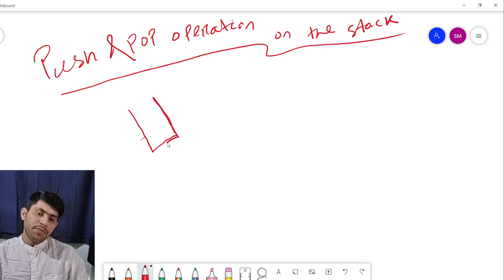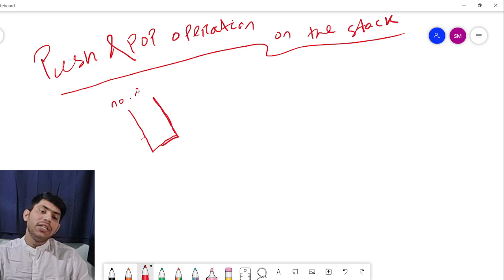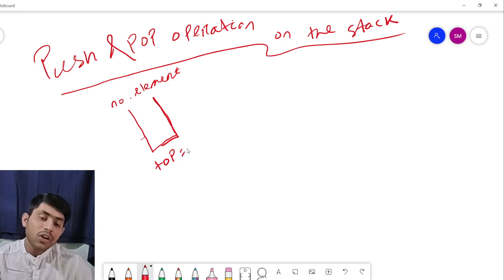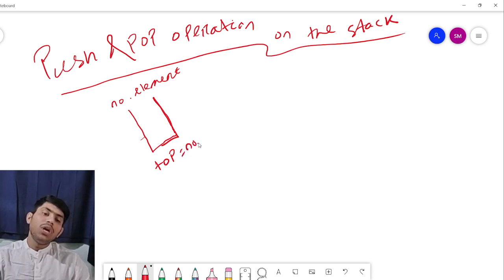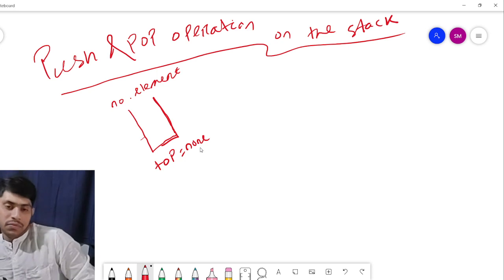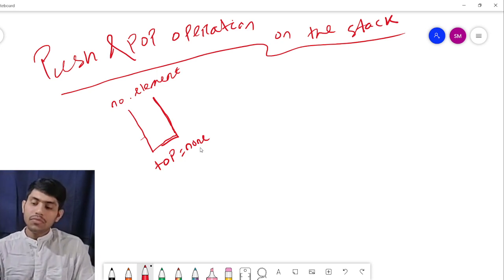Now there is no element in the stack. The stack is empty now. Everything will be done at the stack top, so we'll write top equal to none. No element is there. Then now we'll push one element. Here in part A, the stack is empty.